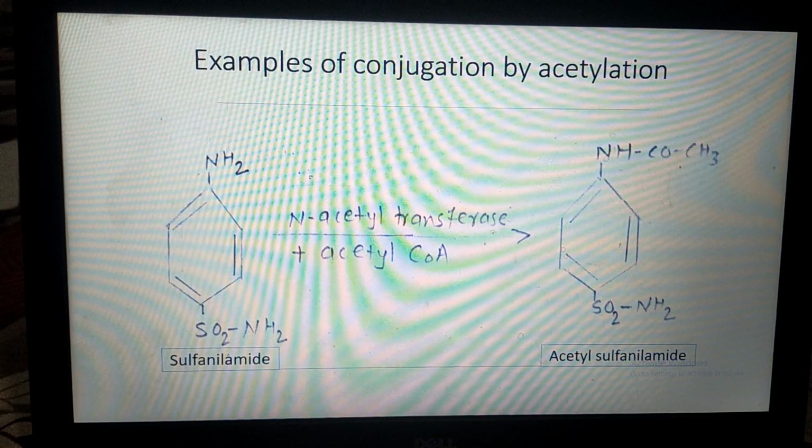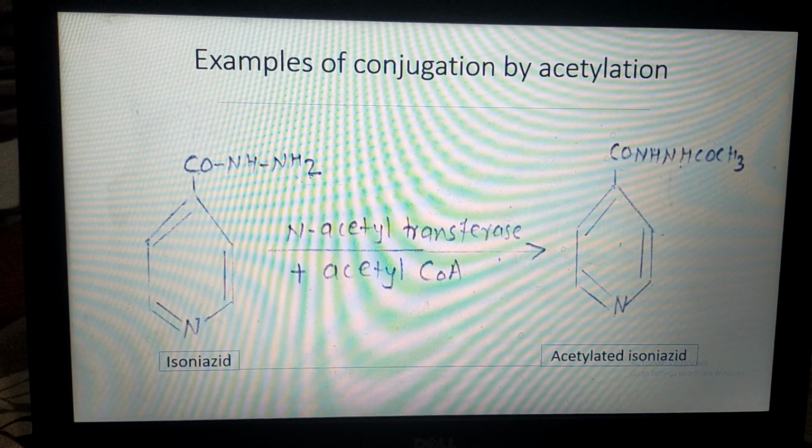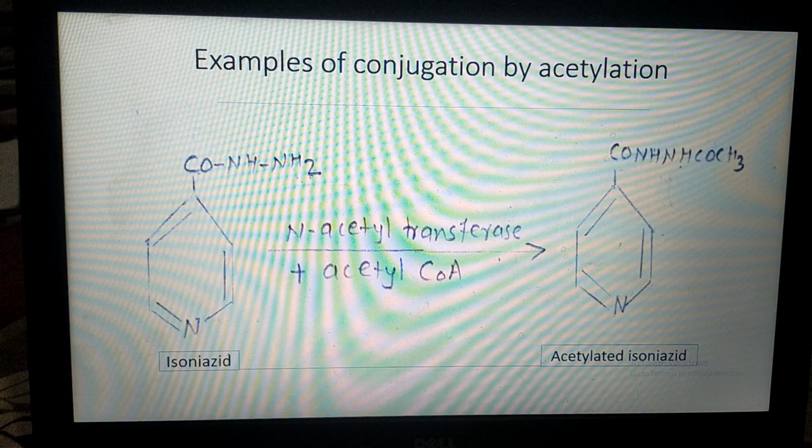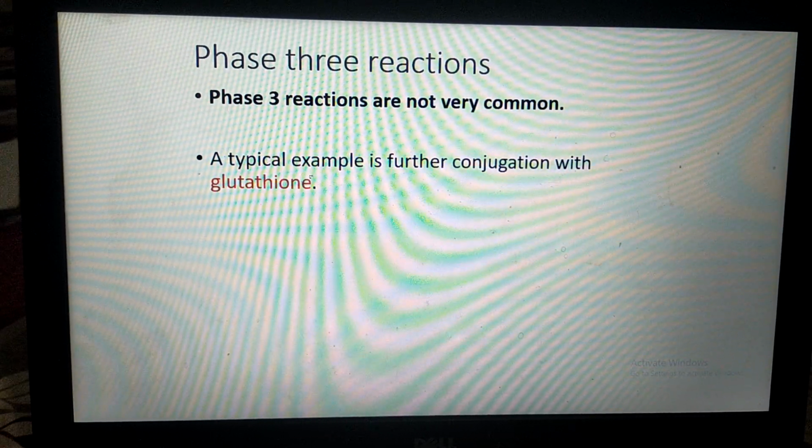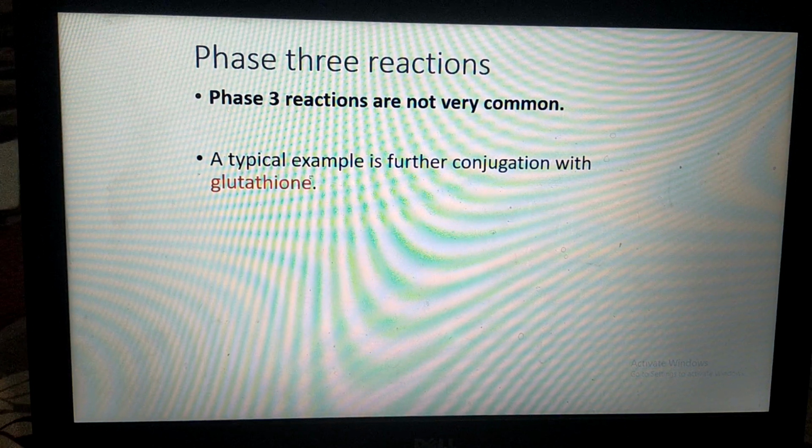The next example is conversion of isoniazid to acetylated isoniazid. Again acetyl CoA donates its acetyl group in the presence of the enzyme N-acetyl transferase. So this is about the various conjugation reactions or phase 2 reactions. After phase 2 reactions, as I have told you, very few metabolites enter into the phase 3 reaction.